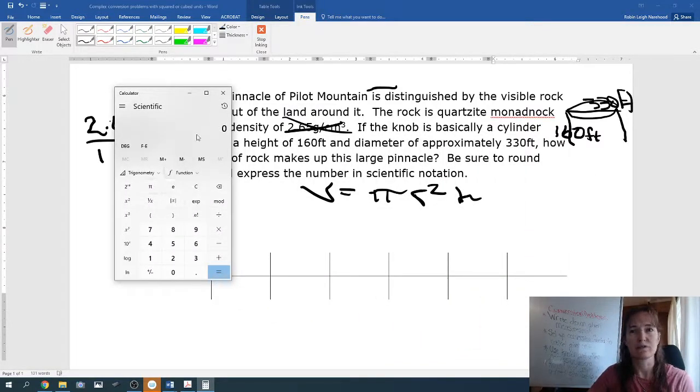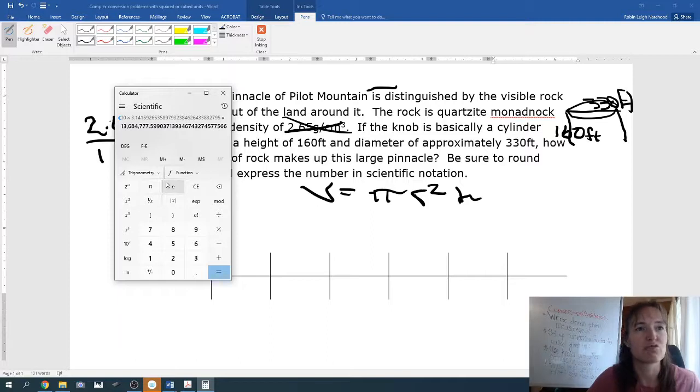We have the diameter 330, and we're going to divide that by 2 to get the radius, and then we're going to square it because that's the radius. And then we're going to multiply by 160 feet, which is the height. And then we're going to multiply by pi. I'm not going to write 3.14; I'm going to actually hit the pi button. We have scientific calculators, and you need to use the pi button on the scientific calculator.